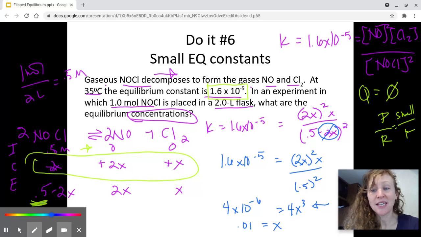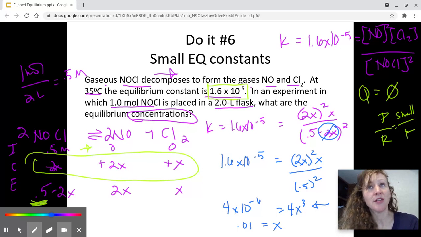Now, this can only be made under very specific circumstances. So this would be a good time to pause the video and think, when can this approximation be made? We can ignore x if we anticipate the change is going to be very small. And we anticipate that a change is going to be very small when our K value is very small.